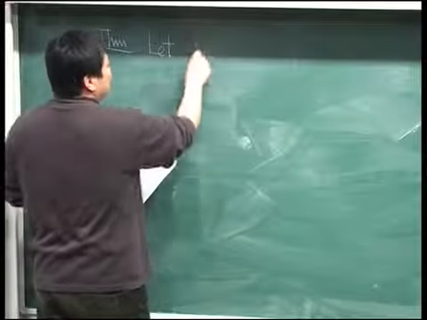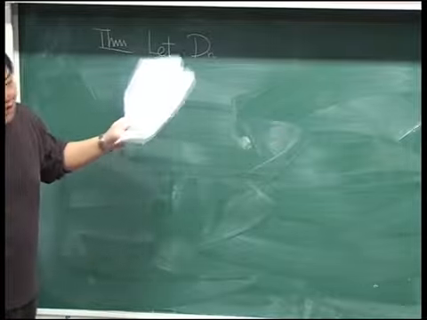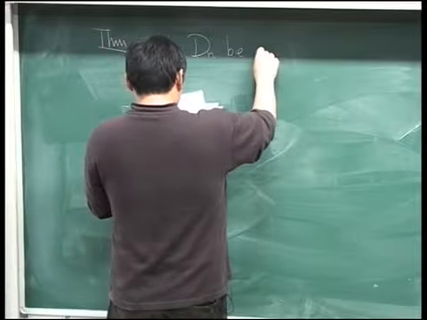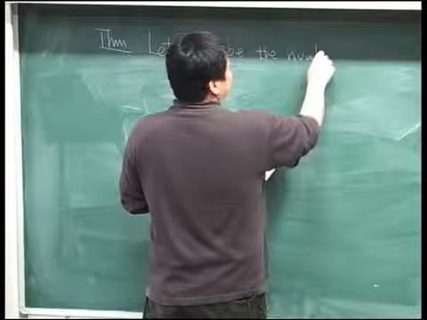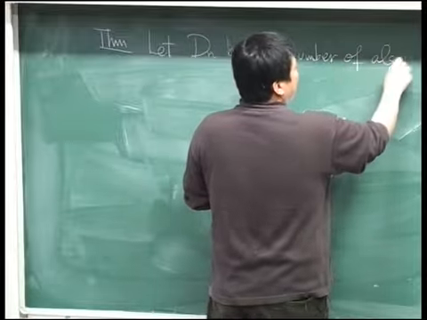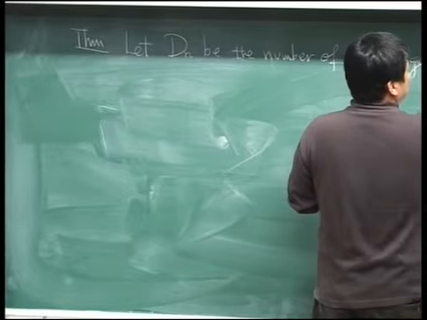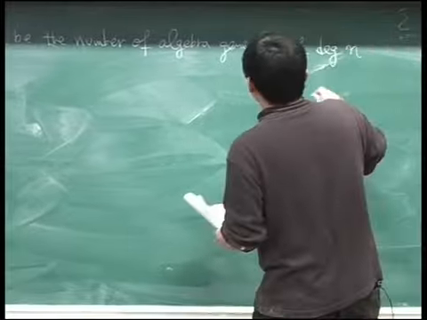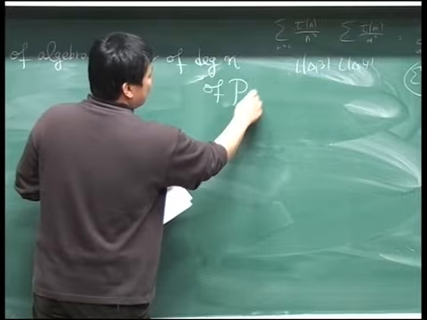Let capital D sub n be the number of algebra generators of degree n. Here degree means number of iterations.